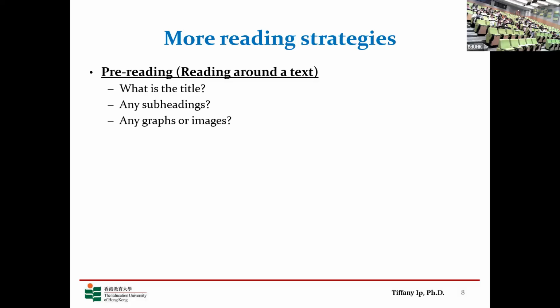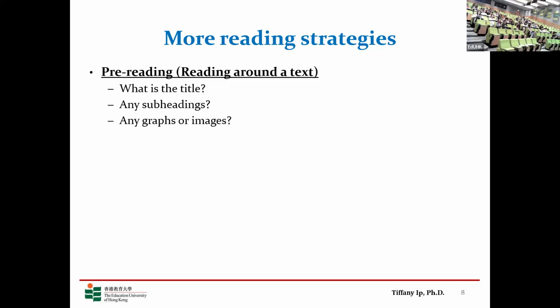And then any graphs or images, somehow you get an idea very easily, visually. And also you kind of know the tone of the writer. If there are many tables, many statistics, this author may have something like a data set to support what they are saying. If they tend to use bar charts, pie charts, maybe they have collected data and then they will show it in that way.